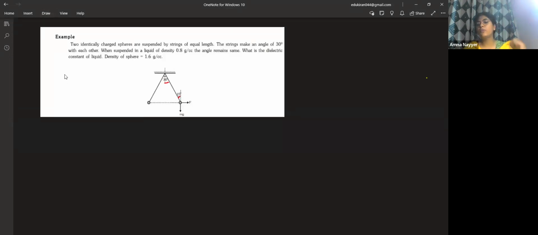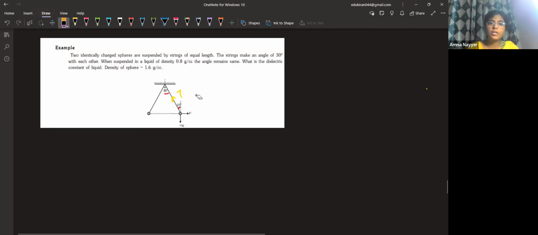Now, what all forces will come here? One thing will be this force of tension. Tension will come here because the strings are present. So is it directly possible to solve tension like this?